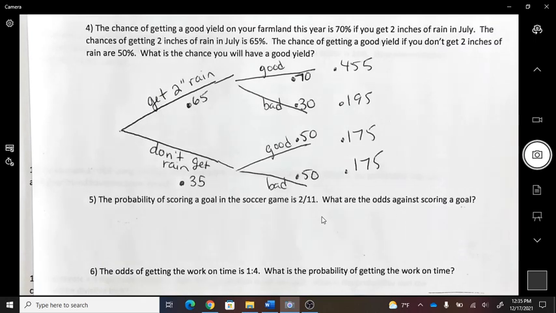What should all of those add up to? They would all add up to 1. That's 100%. Okay, what's your chance of getting a good yield?